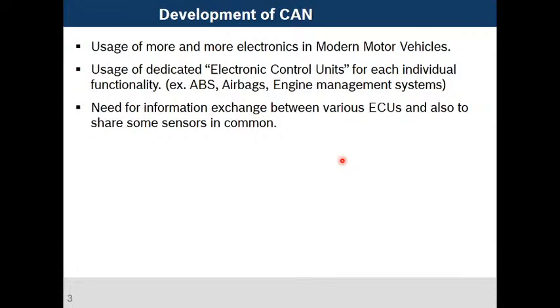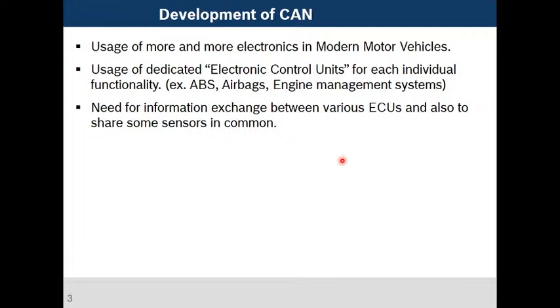Where is the motivation for the development of CAN? When you are using more and more electronics in modern motor vehicles, you get a complex system. A car has multiple functionalities like airbag, braking system, ABS system, engine management system, and powertrain system.